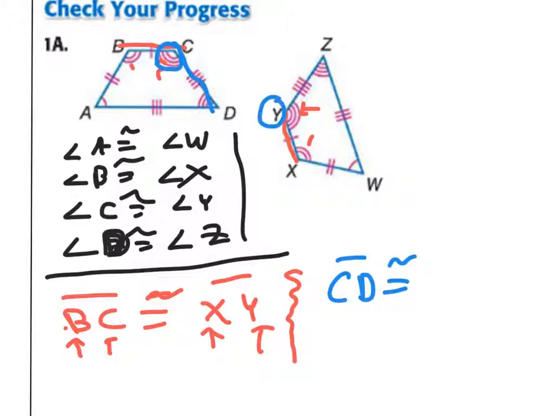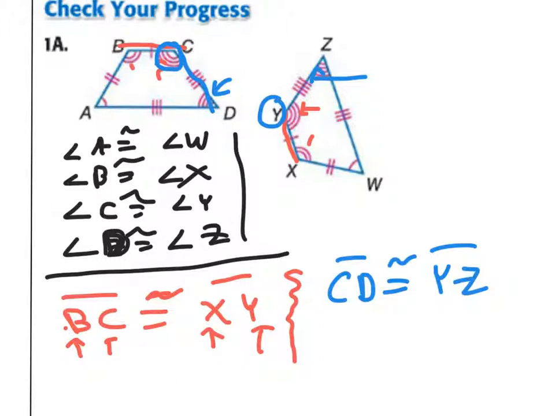Its buddy is Y, so C goes with Y. And then D goes with Z, because that happens to be the 4 marks. It's hard because I kind of covered it up with the line, but you see the 4 marks here, so YZ. You would have to do the other 2 sides, but for lack of time I'm going to eliminate those.